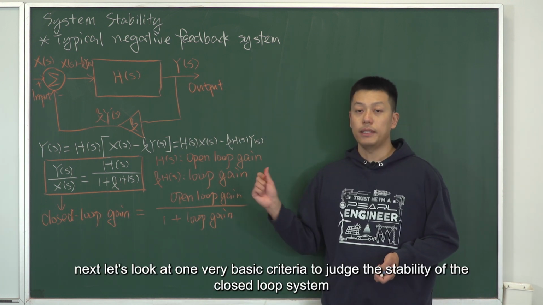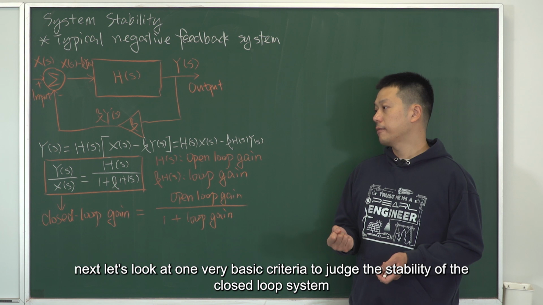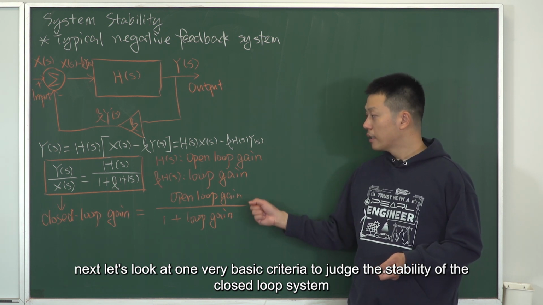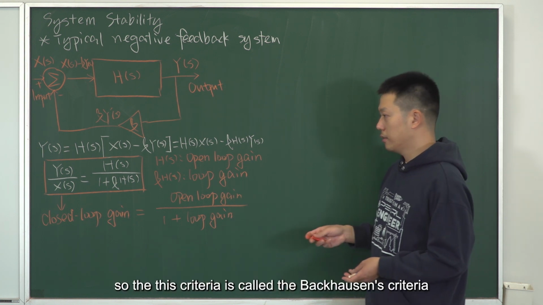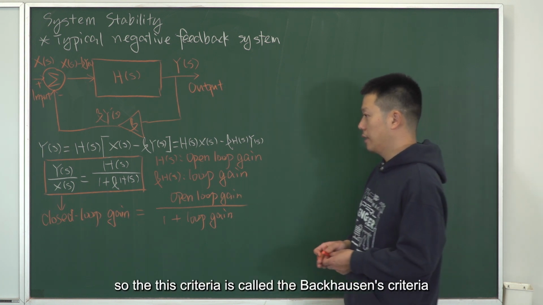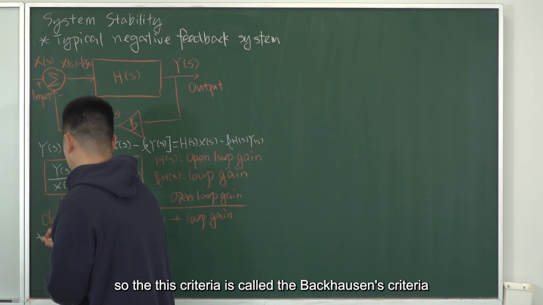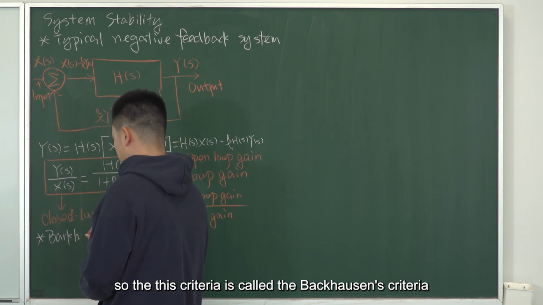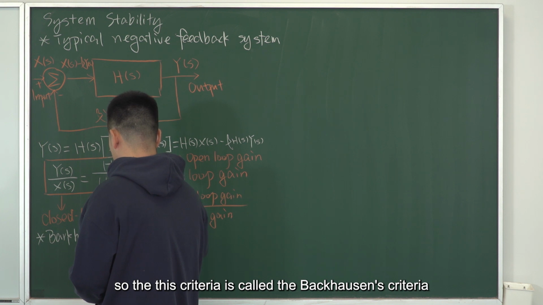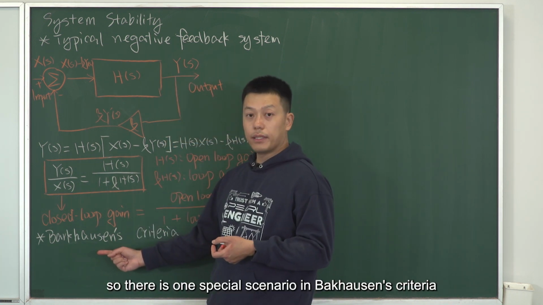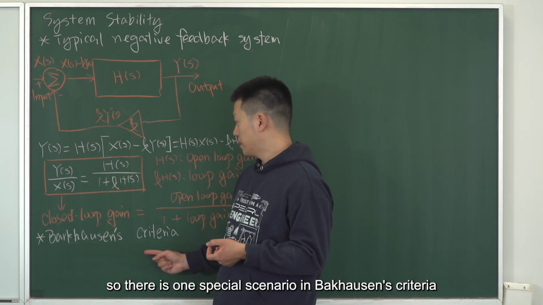Next, let's look at one very basic criterion to judge the stability of the closed loop system. This criterion is called the Barkhausen criterion. There is one special scenario in the Barkhausen criterion.